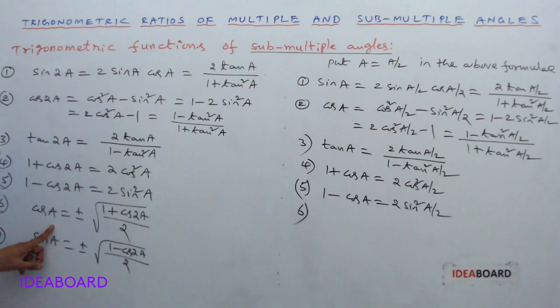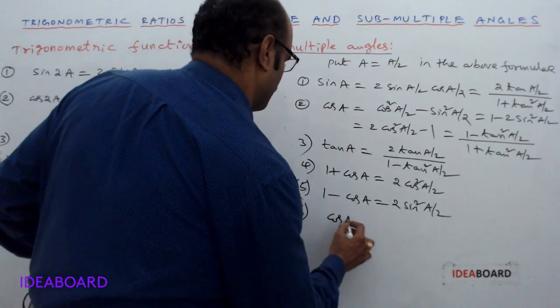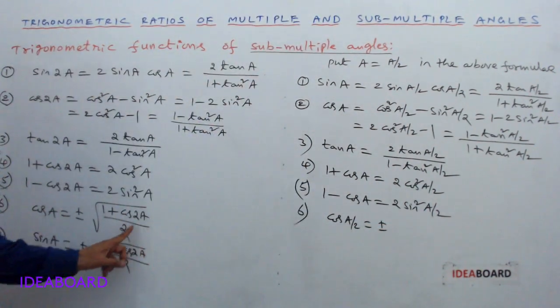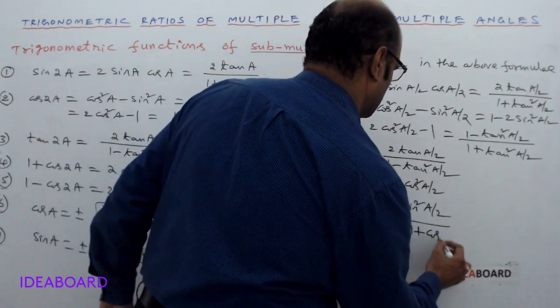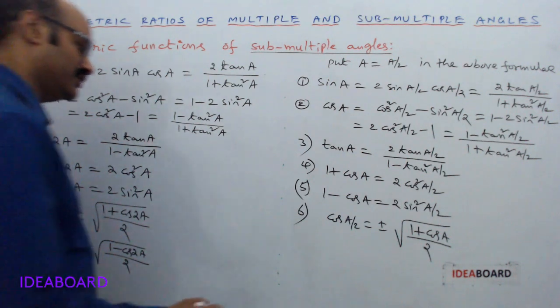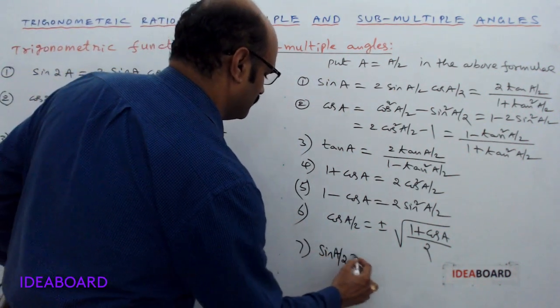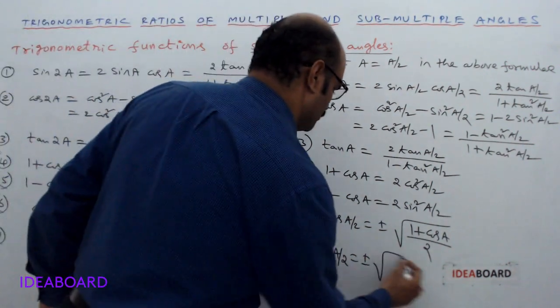Cos A by 2 equal to plus or minus square root of (1 plus cos A) by 2. Sin A by 2 equal to plus or minus square root of (1 minus cos A) by 2.